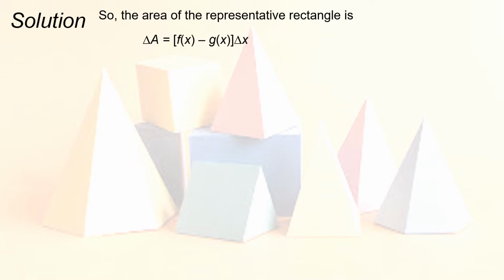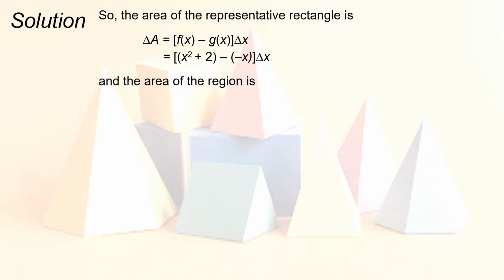So the area of the representative rectangle is delta A equals f of x minus g of x delta x, or we can also read that one as change in x or delta x. So substituting the values, we have x squared plus 2 minus negative x delta x.